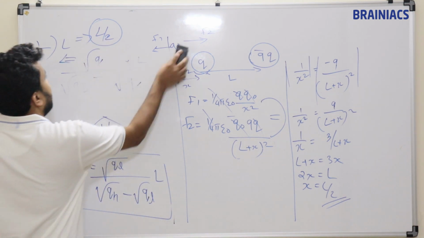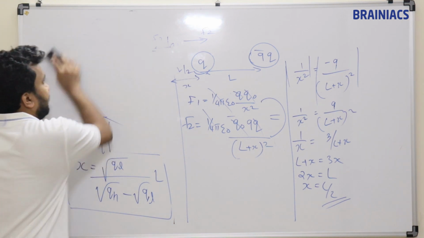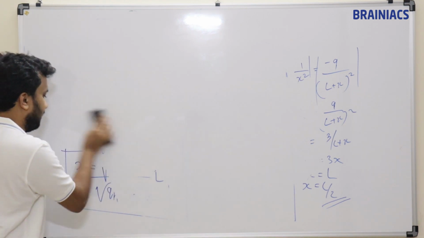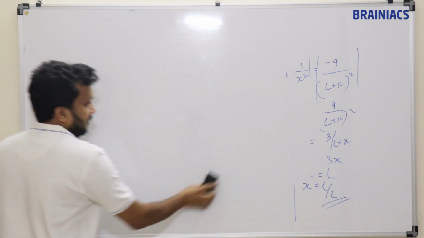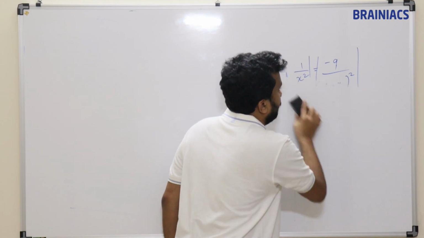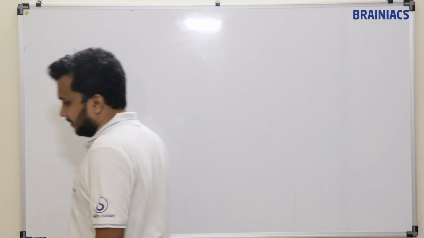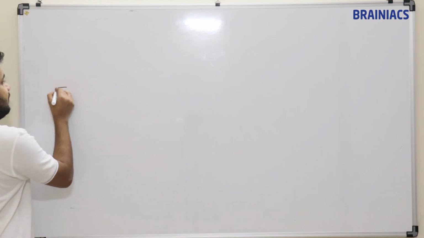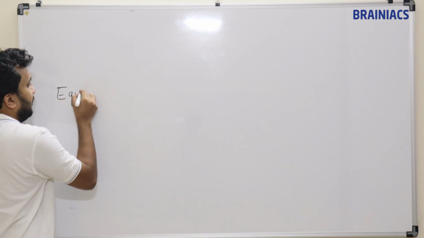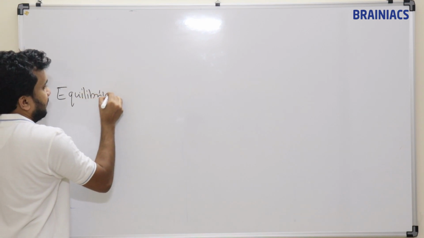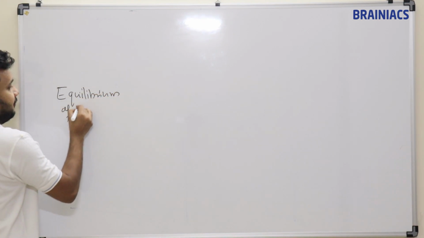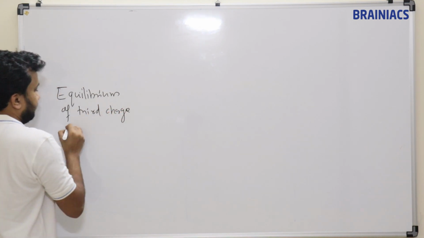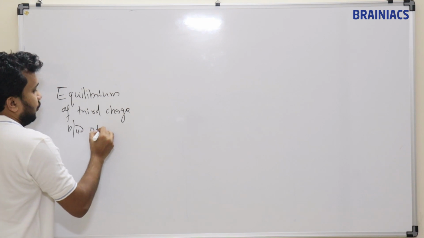Now we'll summarize this concept, whatever we have learned, in a short summary as a short note, so that it is easy to recollect. So two cases we have learned: equilibrium of charged particles. Basically our concept is called the equilibrium concept, equilibrium of a third charge between other two charges.